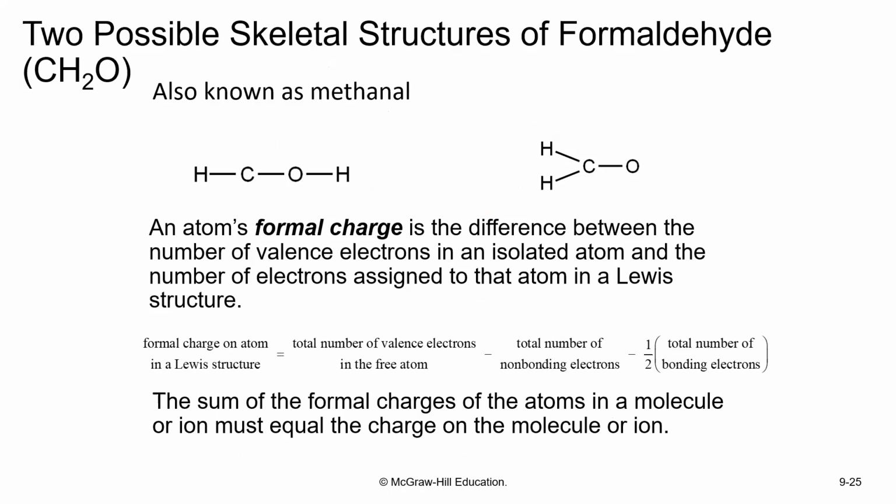So something like formaldehyde looks like this. Oh yeah, formal charges. You're going to do formal charges a lot in OChem, not so much in this class, but definitely in OChem.